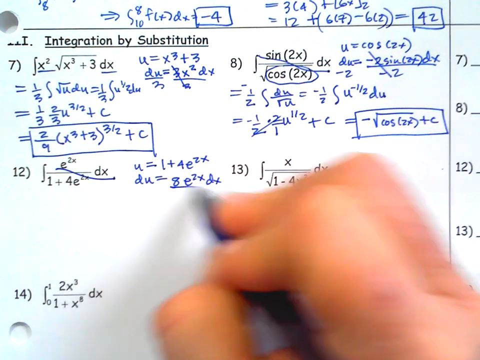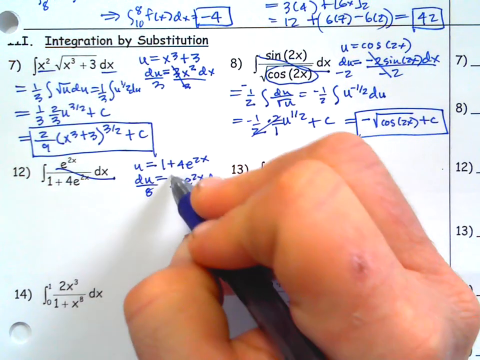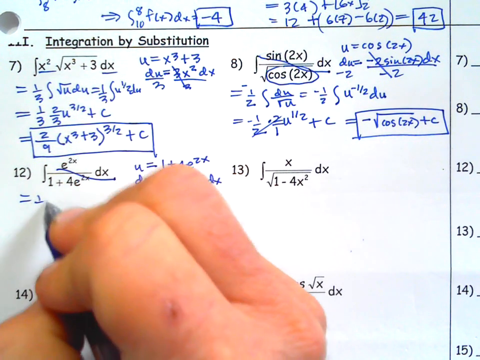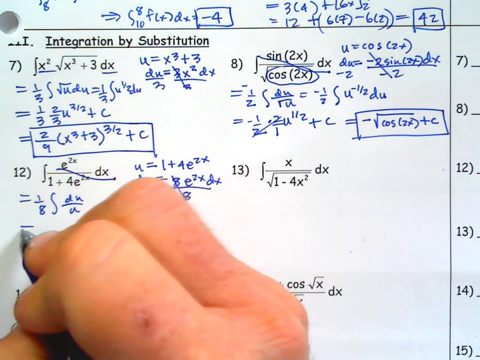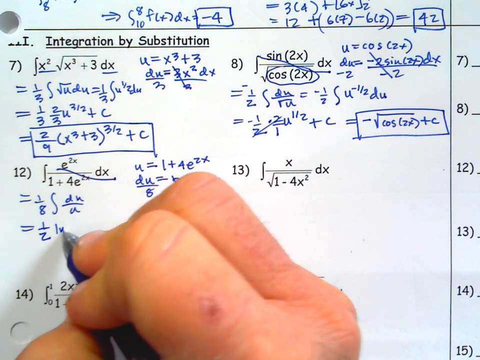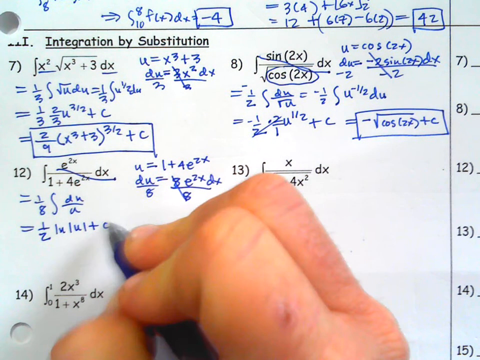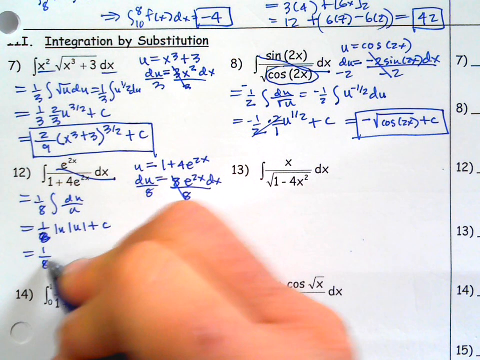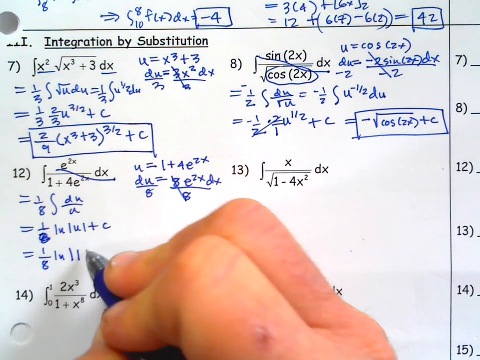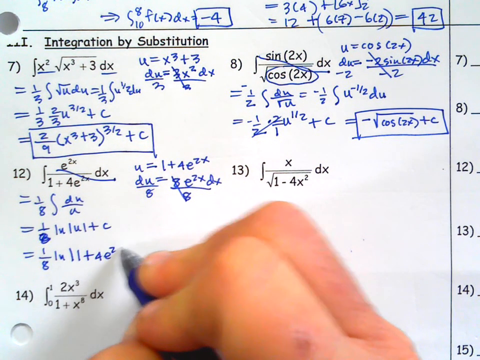This is what we're doing. So this is 1/8 du over u, which is 1/8 natural log of the absolute value of u plus c, which is 1/8 natural log of the absolute value of 1 plus 4 e to the 2x, plus c.